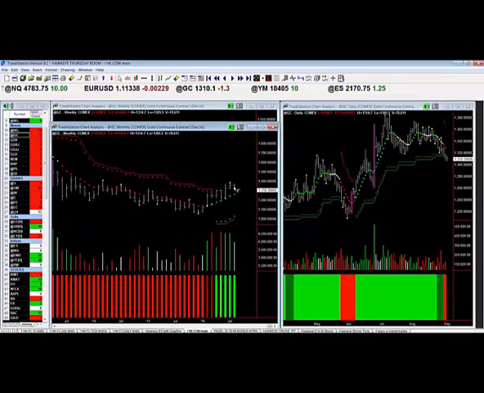This bar here is just telling me that for the profile of that bar, there should have been more volume. Where it closed to the open, closed on the low, closed under the open, which was virtually up near the high, there should have been more volume in that move down for it to generate red selling volume.